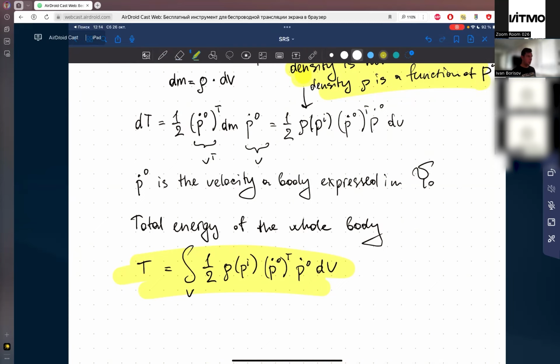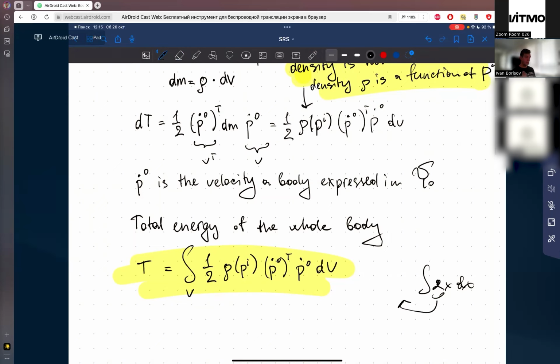And in order to make it simpler to understand, we need to get rid of all constants out of the integral, right? If you have something constant in the integral, you can take it out of the integral. Is it clear? For example, for the integral of something like 2x dx, you can take this 2 out of the integral. Do you agree?